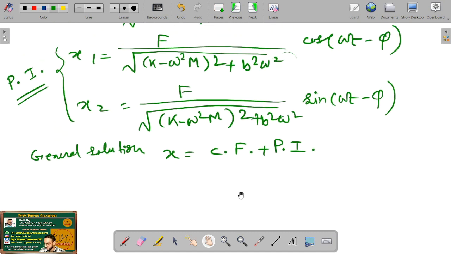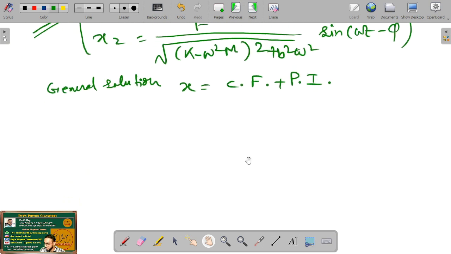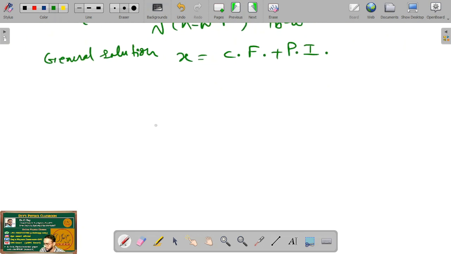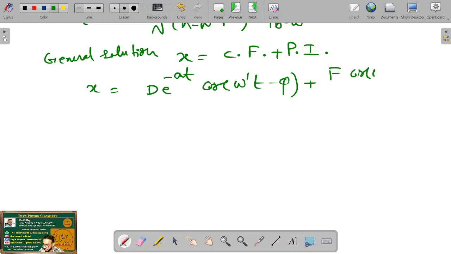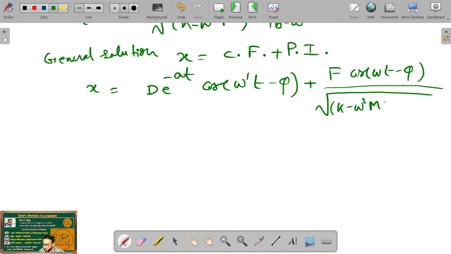So if we take the cosine form, then the general solution for x would be d to the power minus at cos(omega prime t minus phi) plus F cos(omega t minus phi) divided by root under (k minus omega square m) whole square plus b square omega square.